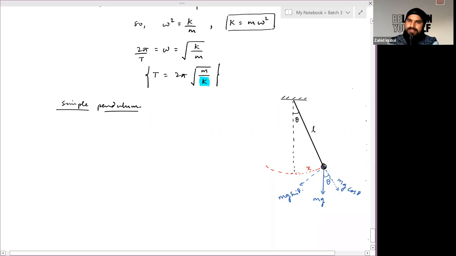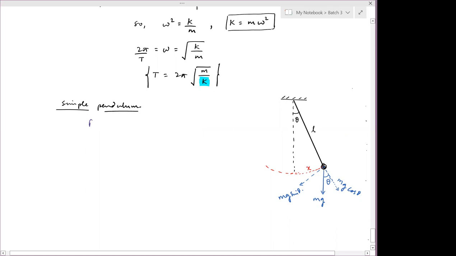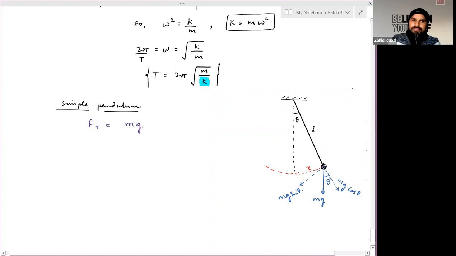Since mg cos theta is acting along the string, there will be no motion related to it. So we are left with just mg sin theta, which will move this bob back. So mg sin theta acts as the restoring force. Atif, is it clear? Yes, sir. And since it is restoring in nature, there will be a negative sign with it.